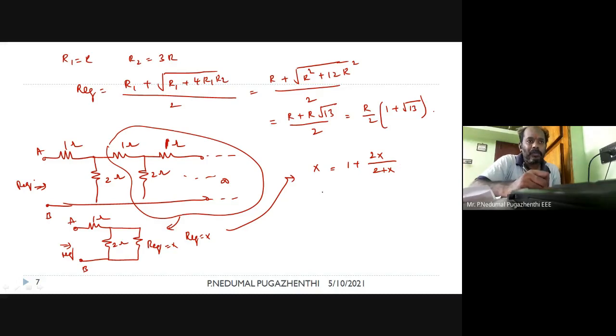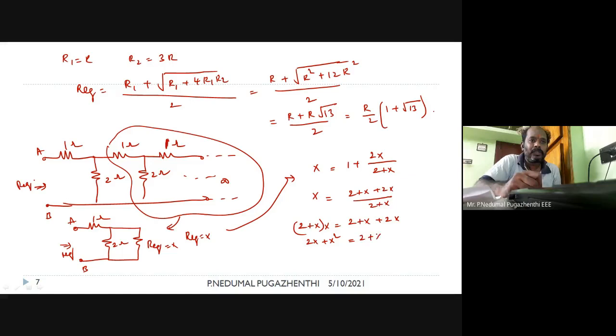So what I will have, x is equal to 2 plus x plus 2x divided by 2 plus x. If I take that to this side, I will get 2 plus x into x is equal to 2 plus x plus 2x. So you will get 2x plus x squared is equal to 2 plus x plus 2x. This 2x gets cancelled. I will have x squared minus x minus 2.